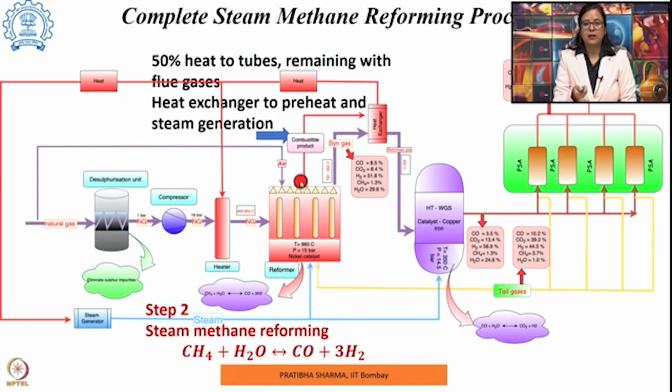So, the rest of the heat is recovered in a heat recovery section, and that heat extracted from the combustion flue gases coming out from the reformer can be used either for steam generation or for preheating the natural gas before it enters the reformer.